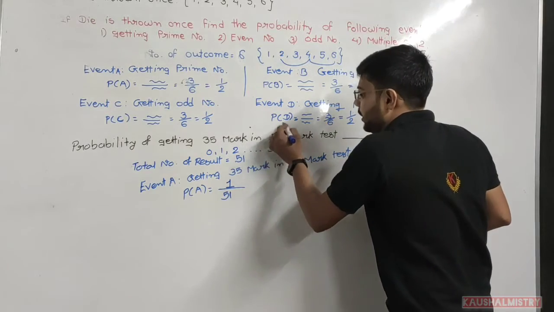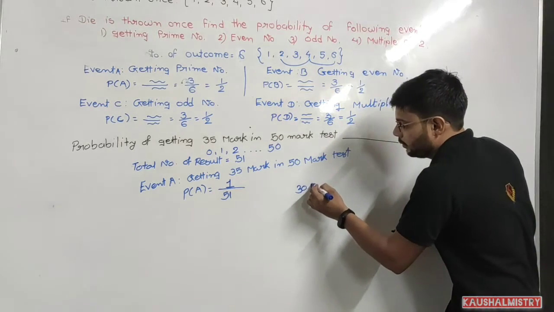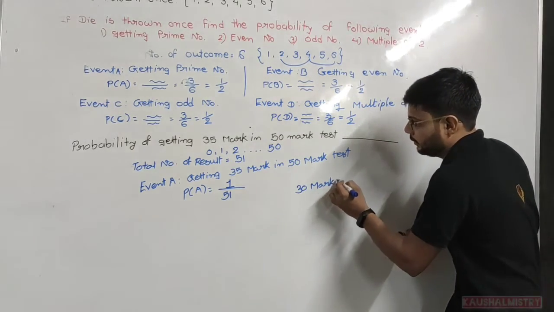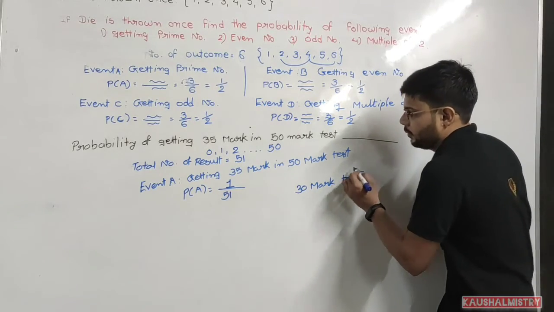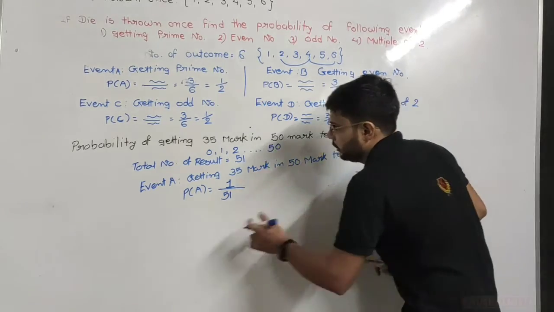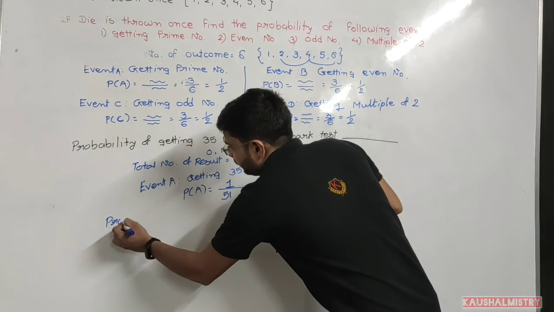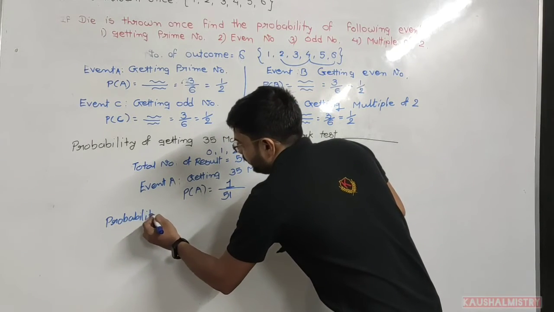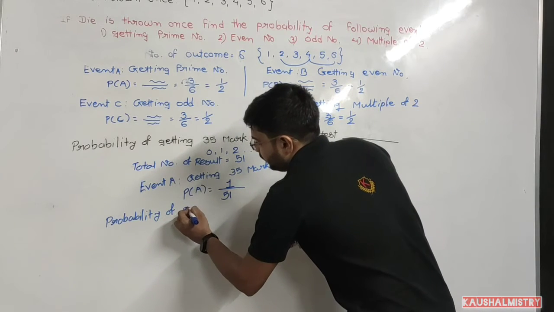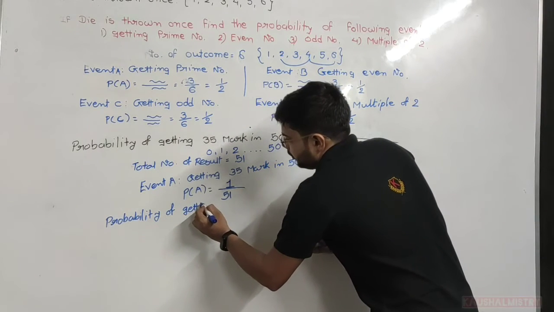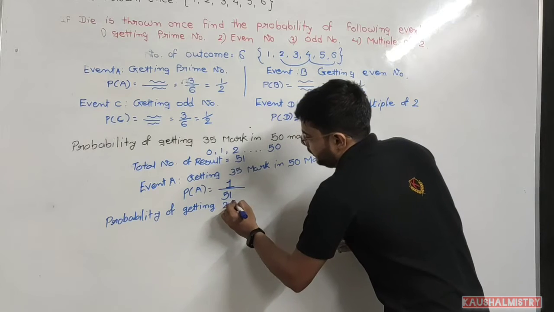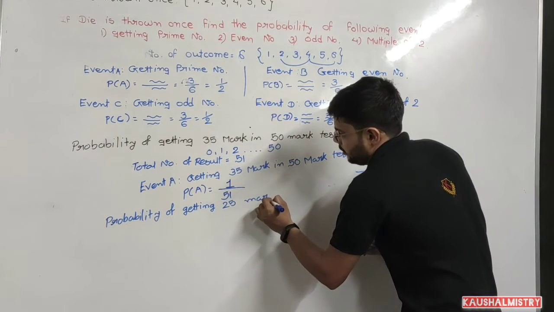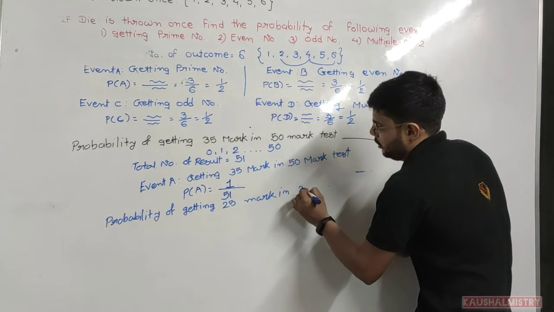But if the paper is a 30 mark paper, I will write the question again. Probability of getting 25 marks in a 30 mark test.